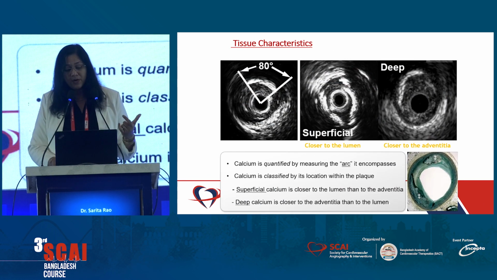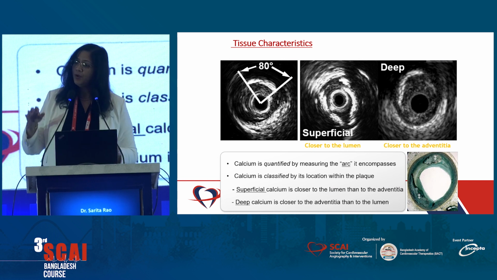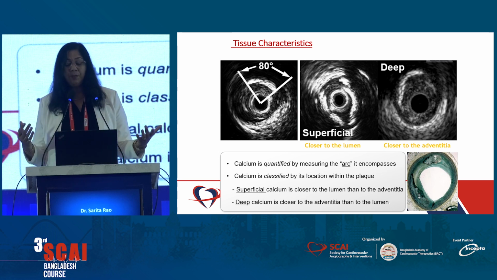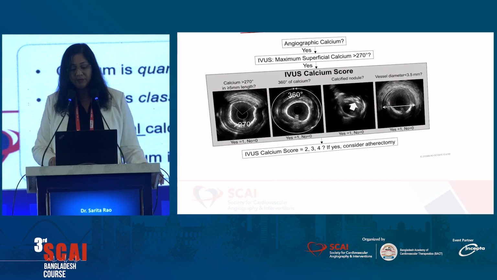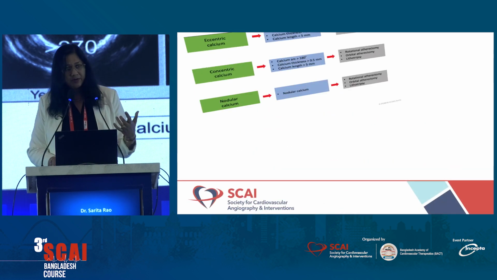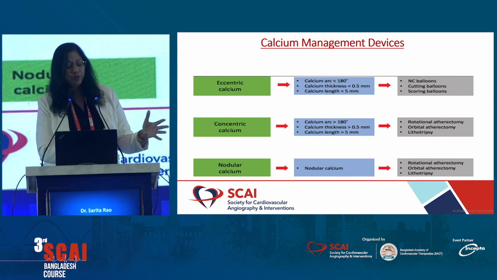So calcium is quantified by measuring the arc that it encompasses. It's also classified by its location. Is it superficial, closer to the lumen, or is it deep and closer to the adventitia than to the lumen? And henceforth, if your calcium score came out high, you knew that you would have to consider an atherectomy upfront. Now, if it's eccentric calcium, what would you think of?